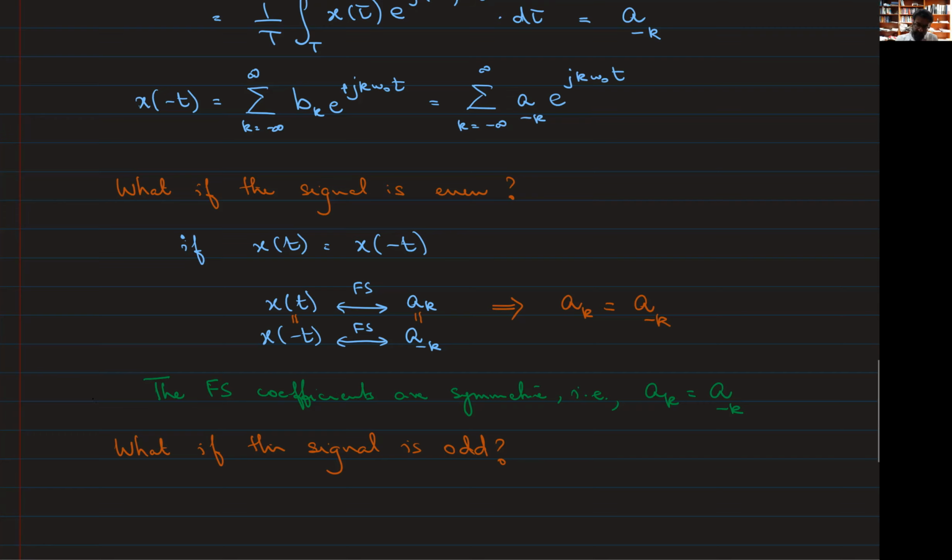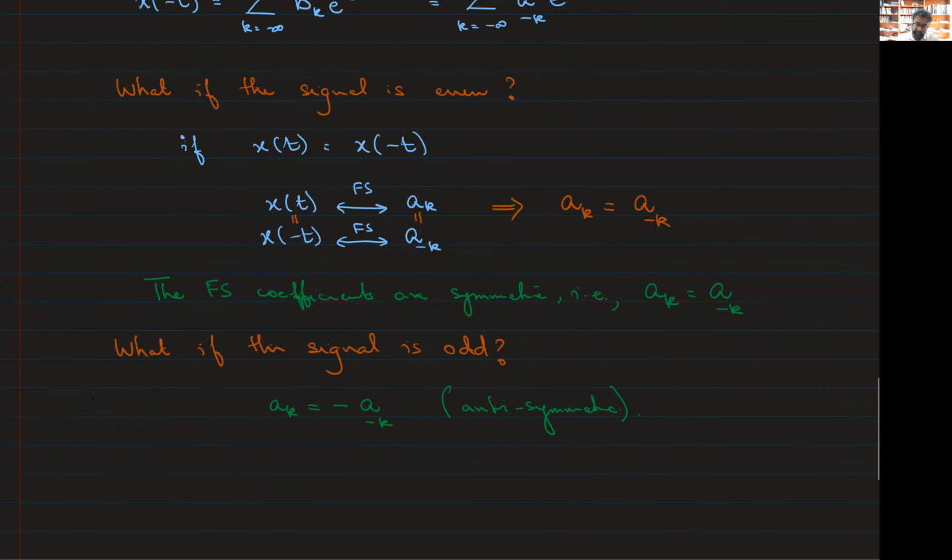A of k is equal to minus a of minus k, which basically means that they are anti-symmetric. The Fourier series coefficients themselves would be odd.